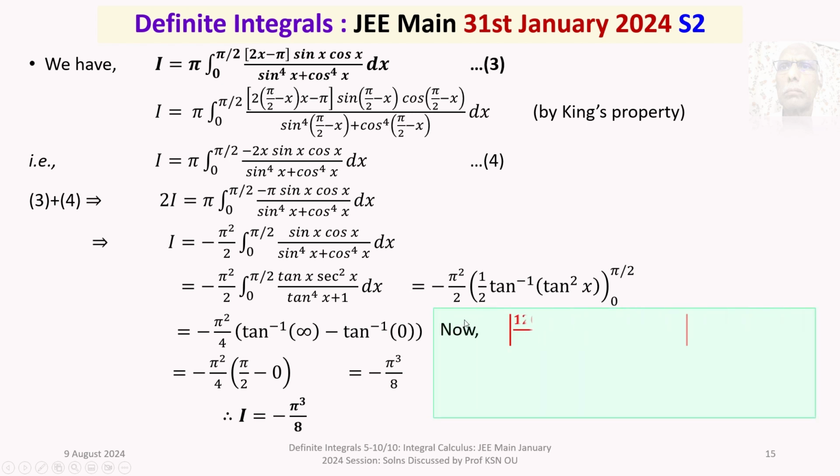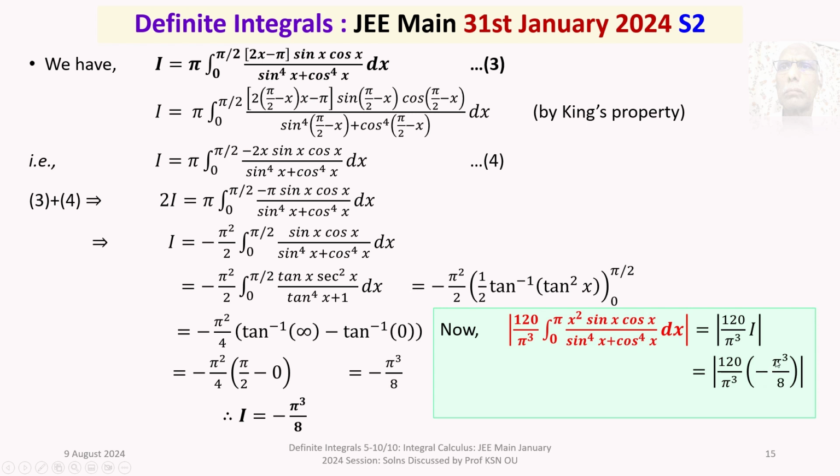Let's go back to the question, that is mod of 120 by pi cube integral 0 to pi x square sin x cos x by sin to the power of 4x plus cos to the power of 4x dx is mod of 120 by pi cube into I. I we have evaluated, that we got it as minus pi cube by 8.